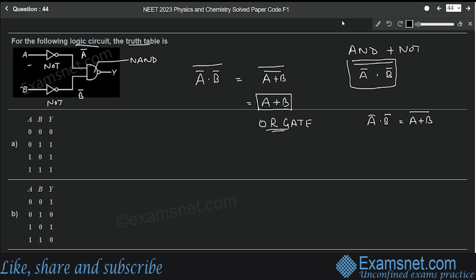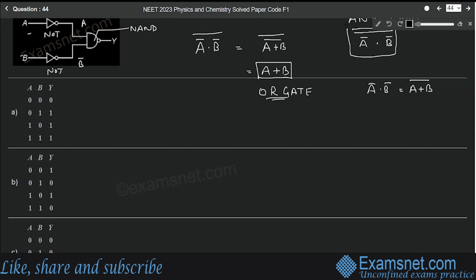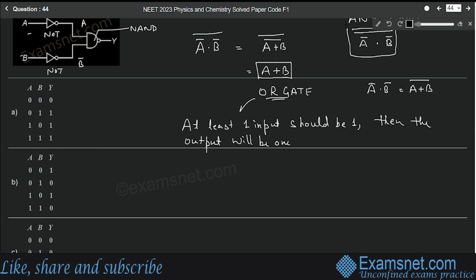We know that in case of OR gates, at least one of the inputs should be 1. Okay, so at least one input should be 1, then the output will be 1. This is the case for OR gate, but in case of AND gate, both the inputs should be 1.